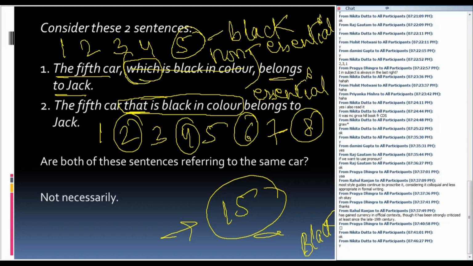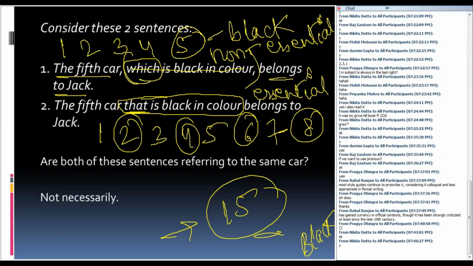So the biggest difference between the words which and that is that when you use the word that, whatever information you provide is essential information. Whereas when you use the word which, whatever information you provide is non-essential information. You can remove that information, still you will reach the car. So this is the biggest difference.